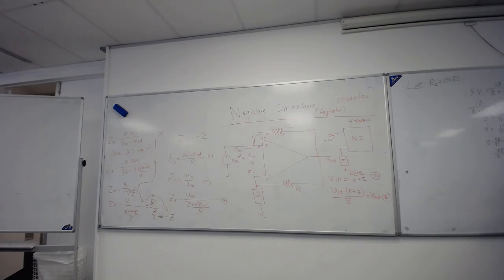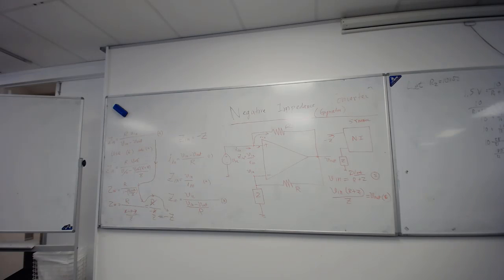I'm looking for the Z in, looking into this, and this is a negative impedance converter. Then from here you have a resistor connected, and then this goes to another negative impedance converter, NIC, and this has a resistance R connected to it.